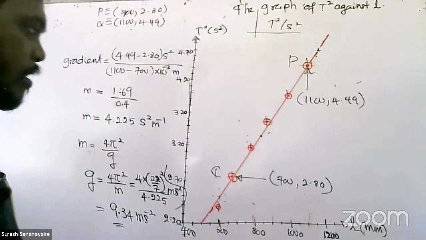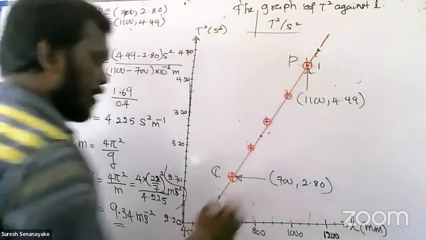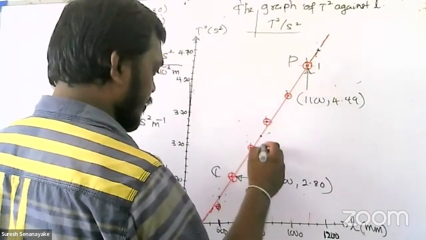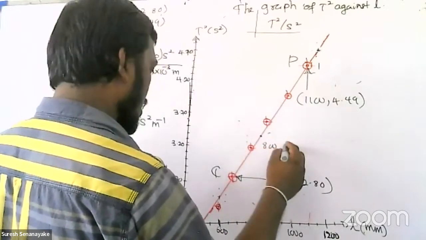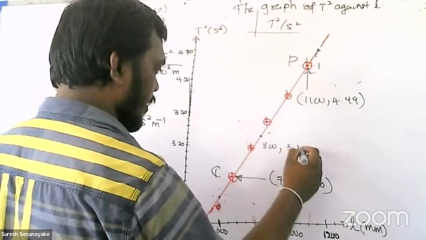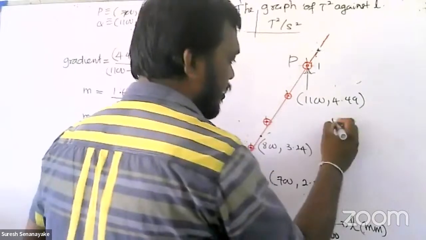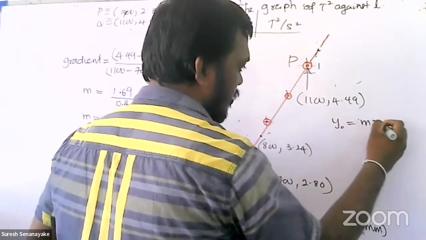I just think the coordinate is about 700, 800, and the coordinate 3.24 again. So if we put that in, y naught equals m x naught plus c.